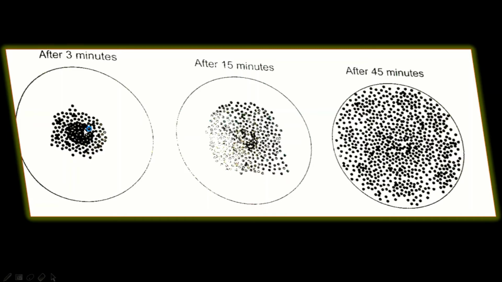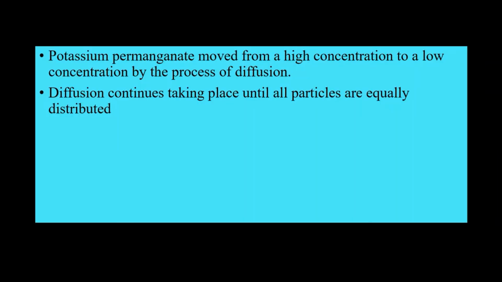Where is your solute in higher concentration? It's in the middle, right? Because it's highly concentrated in the middle, it will start to spread out evenly in all directions. So this is why we are told that your solute will move from a higher region to a lower region, and this process is defined as diffusion.